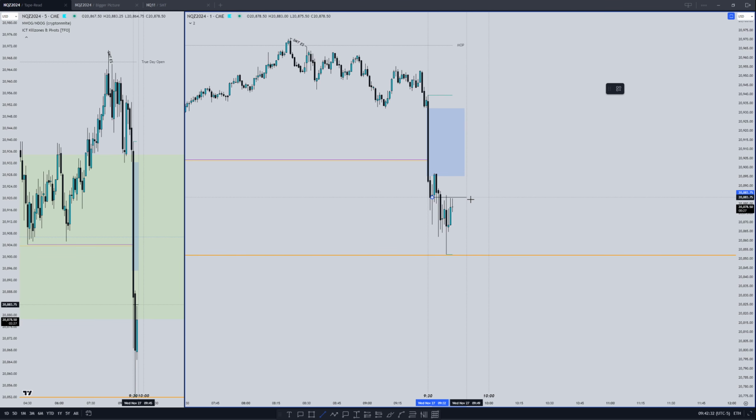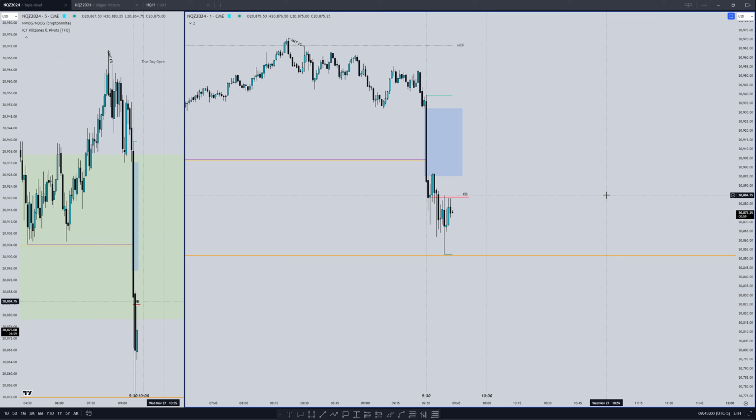Not the highest probability order block, but there is one there. I just put it in a trading hall if you want to look at it.